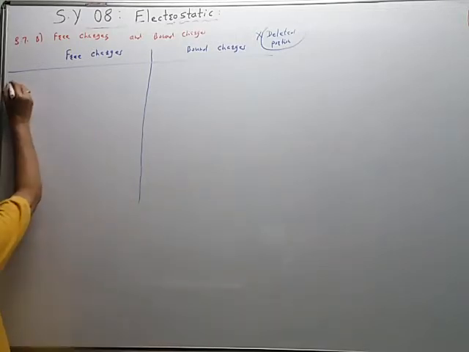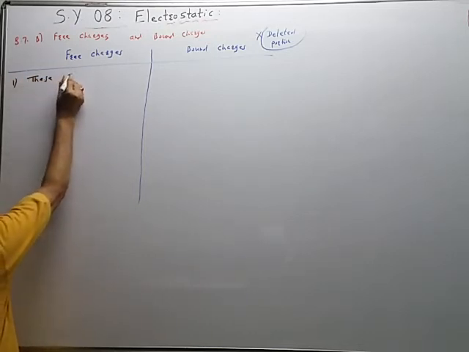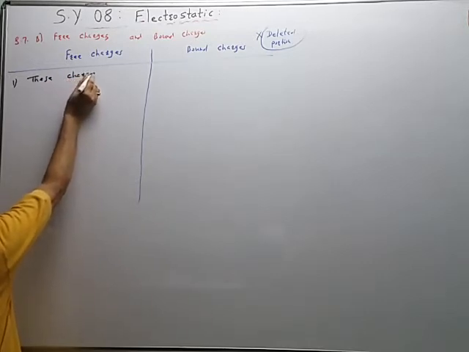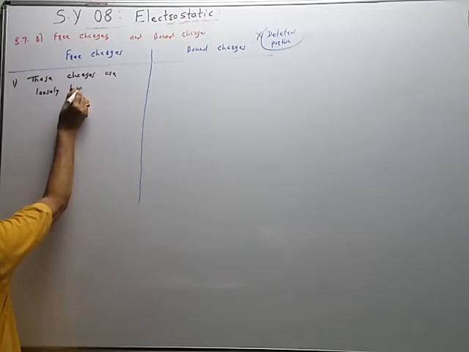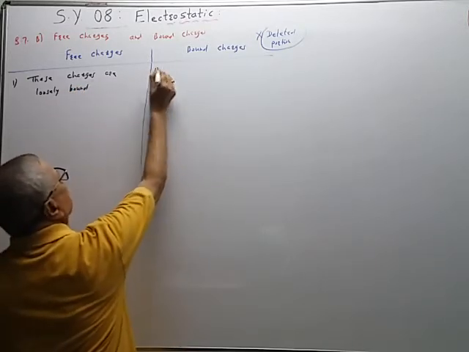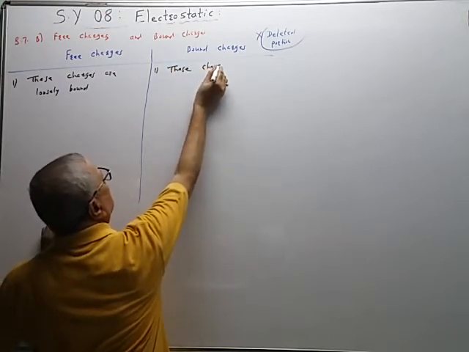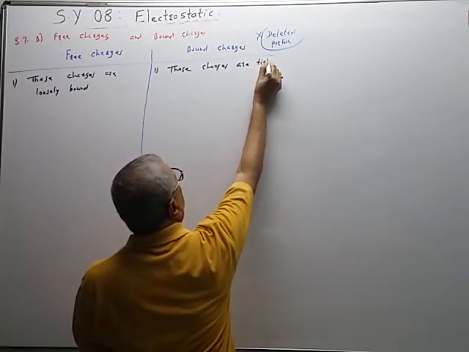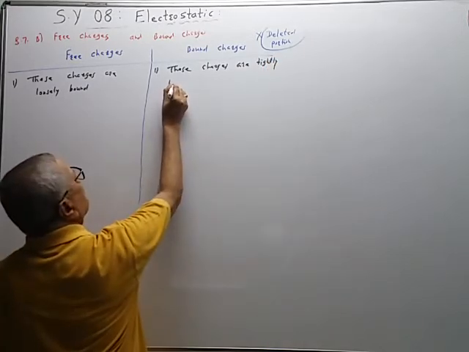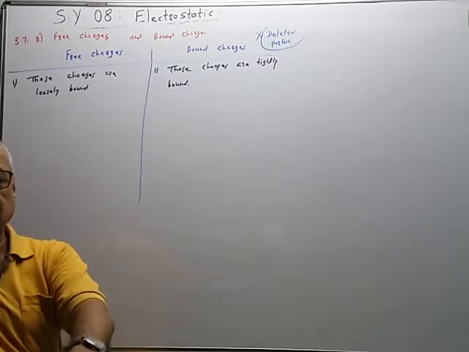First, these charges are loosely bound on this side. These charges are tightly bound. Main difference is this.